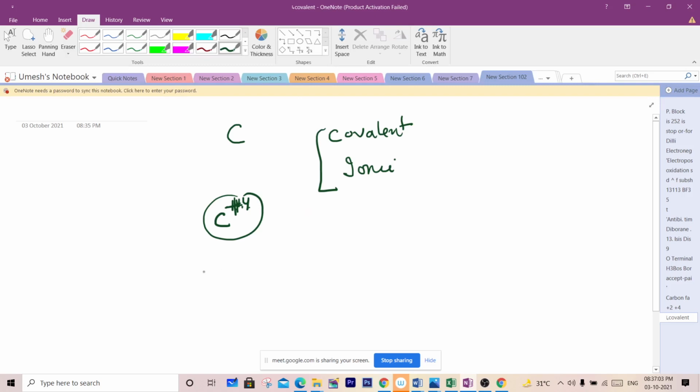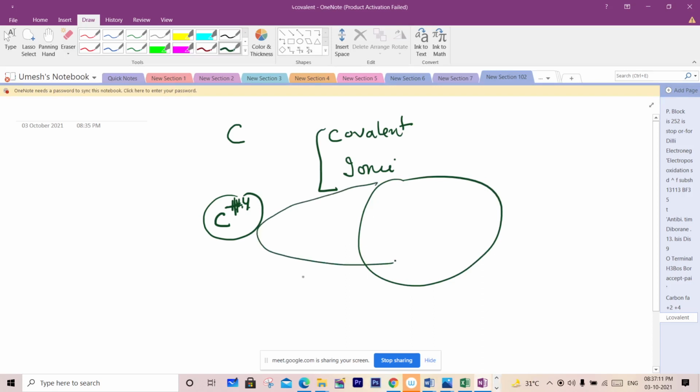It will have a small size and high polarizing power, so it will polarize the anion towards it more effectively, and that is why it will tend to form covalent compounds because of its very small size.